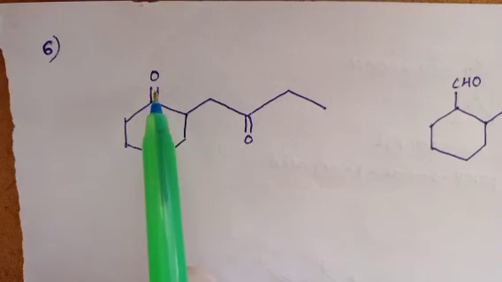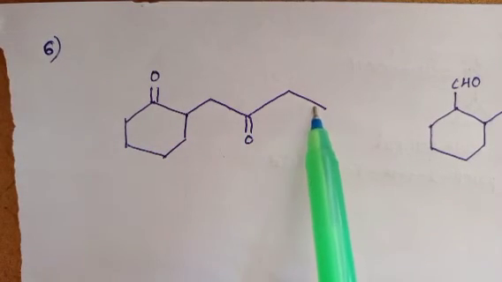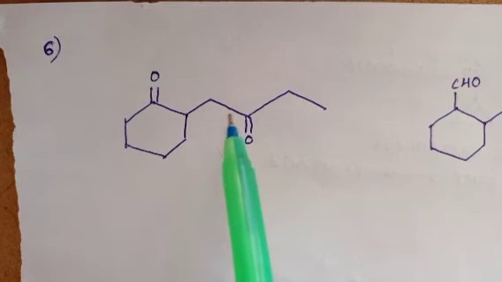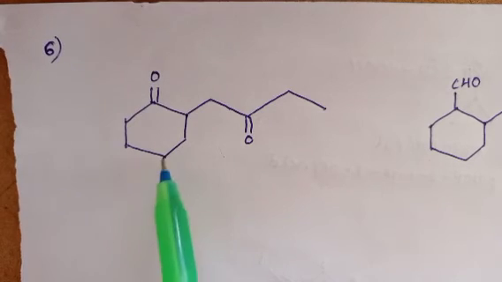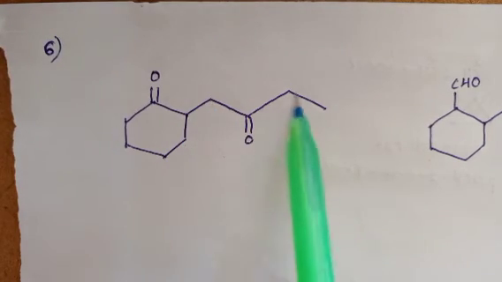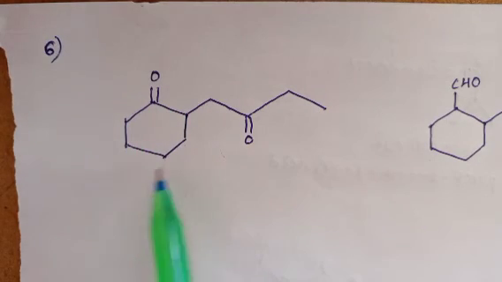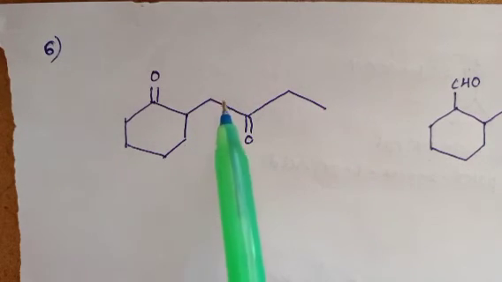If both functional groups are present in the cyclic ring and the alkyl part, then whichever has more carbons is the main part. The cyclic part contains 1, 2, 3, 4, 5, 6 carbons. The alkyl part contains 1, 2, 3, 4 carbons. So the cyclic part is the main part, with more carbons, and the alkyl part acts as the substitution.